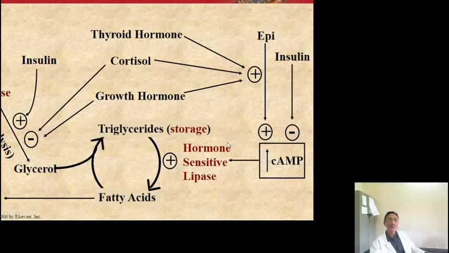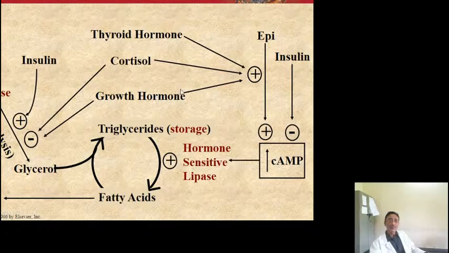So what are the hormones which are affecting this? The conversion of triglycerides to free fatty acids requires hormone sensitive lipase, which triggers this reaction. For this reaction you require cyclic AMP, and the hormones promoting cyclic AMP are epinephrine, thyroid hormone, cortisol and growth hormone.